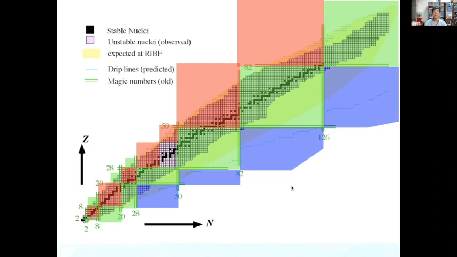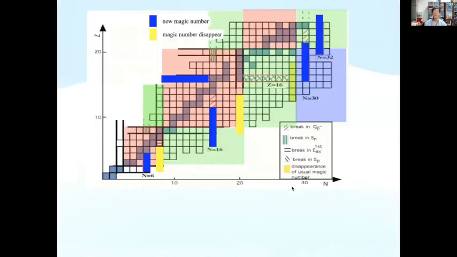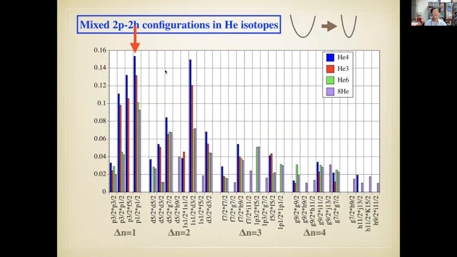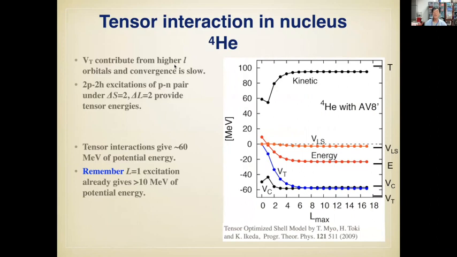So what happens if such a condition occurs? The problem always occurs near the border of those places. Okay, now just to remind you that those things are giving energy, and it gives already 14 MeV in one major shell. That is important.